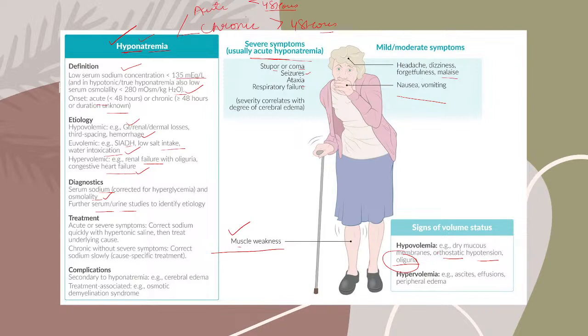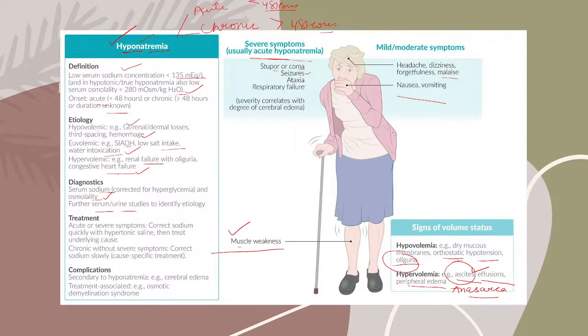And if we talk about hypervolemia, there would be ascites, and generalized edema, that is anasarca. Ascites is collection of fluid in the peritoneal cavity. Then there would be effusions, like pleural effusion, and peripheral edema will be present. These would be in the case of hypervolemia.